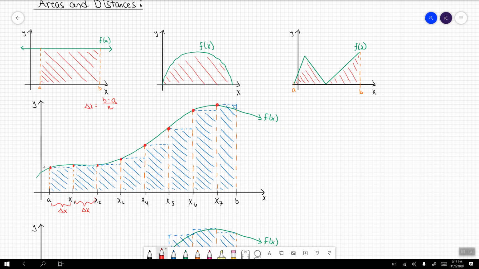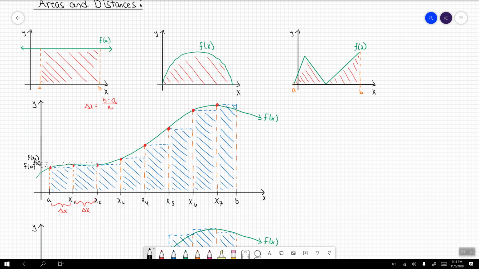So this first leftmost endpoint is going to be f of a. The second leftmost endpoint is f of x sub 1. Then the third is f of x sub 2.